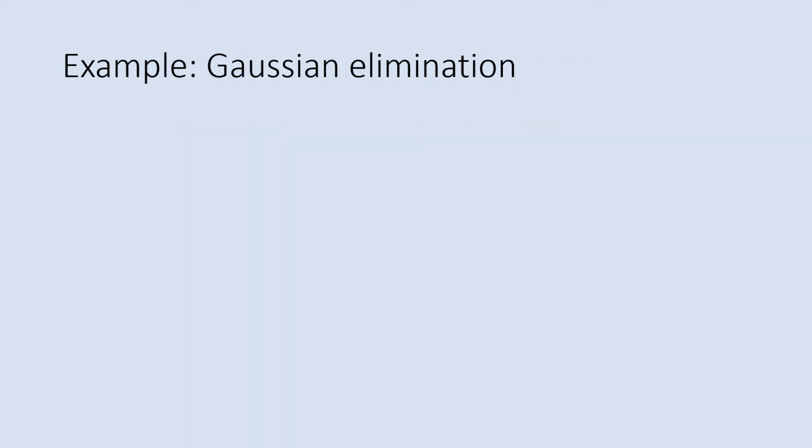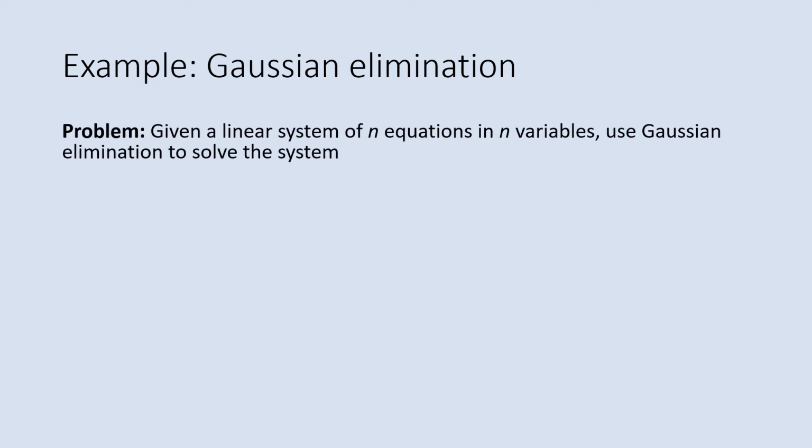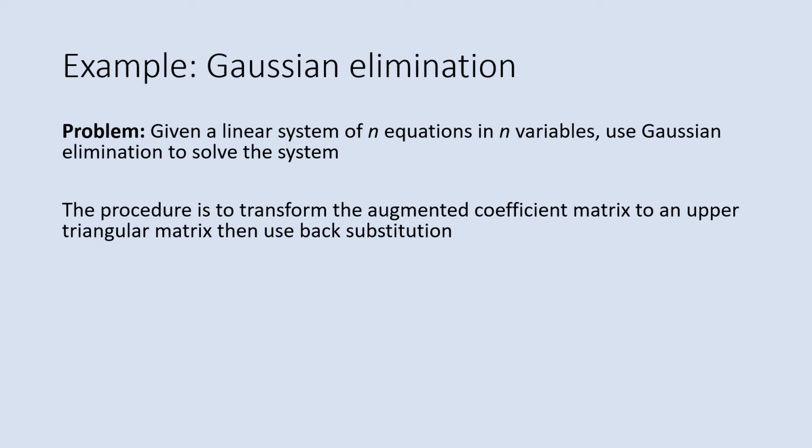Gaussian elimination is another way that we've seen to solve systems. When you solve the system by Gaussian elimination, the first step is usually to turn it into an upper triangular matrix and then solve that system. So the extra work in Gaussian elimination is starting from a non-triangular system and turning it into a triangular system. We typically think of this as starting with an augmented coefficient matrix, so it's n rows and n plus 1 columns, turn it into an upper triangular matrix, and then use back substitution.